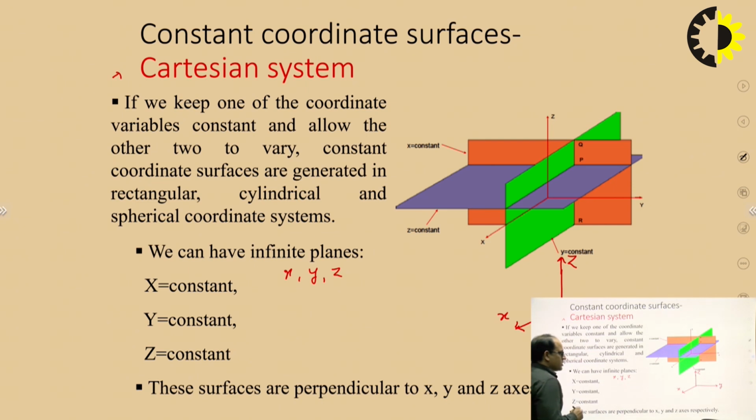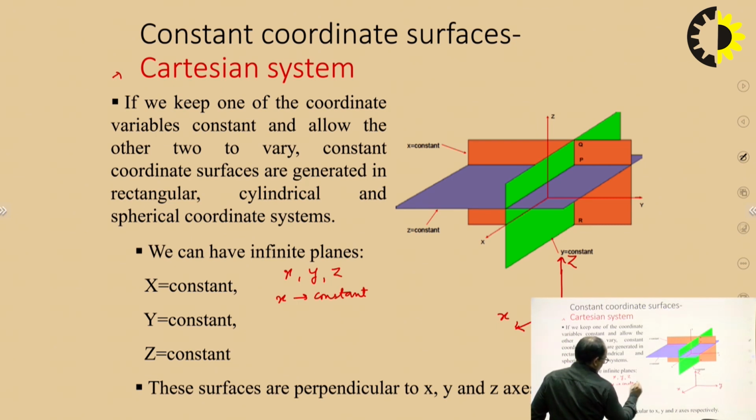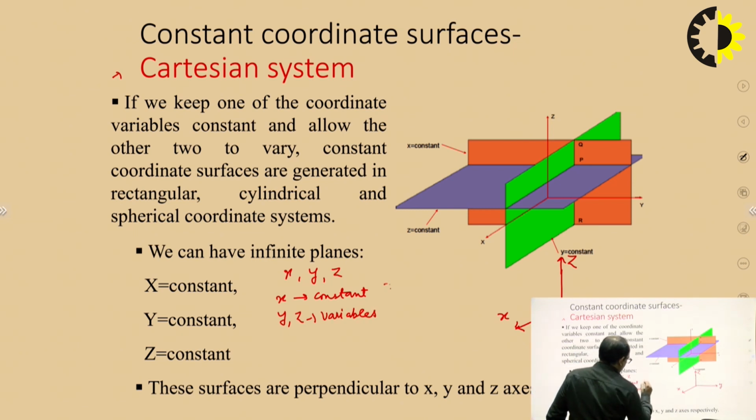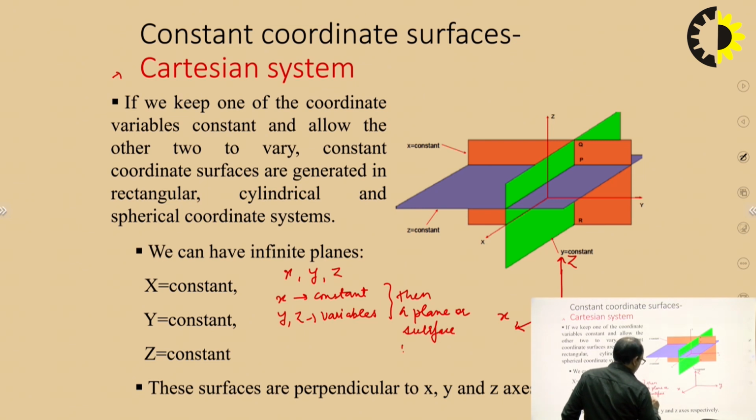If x is constant and y and z are the variables, then a plane or a surface will form. Clear?